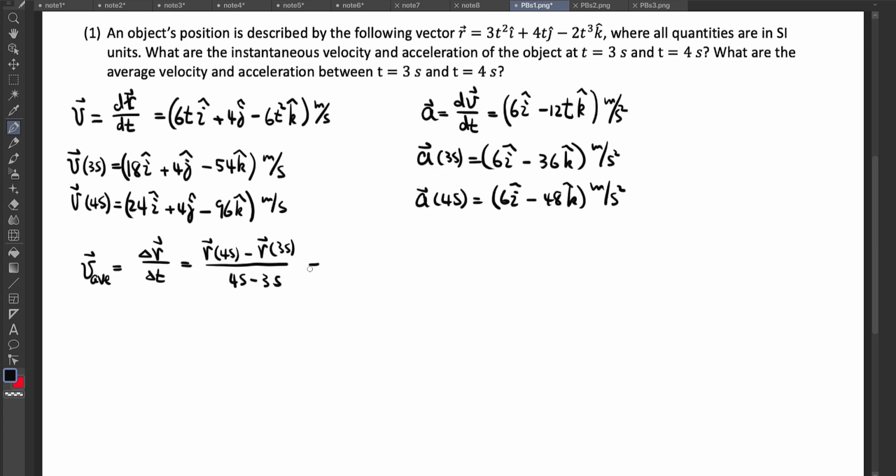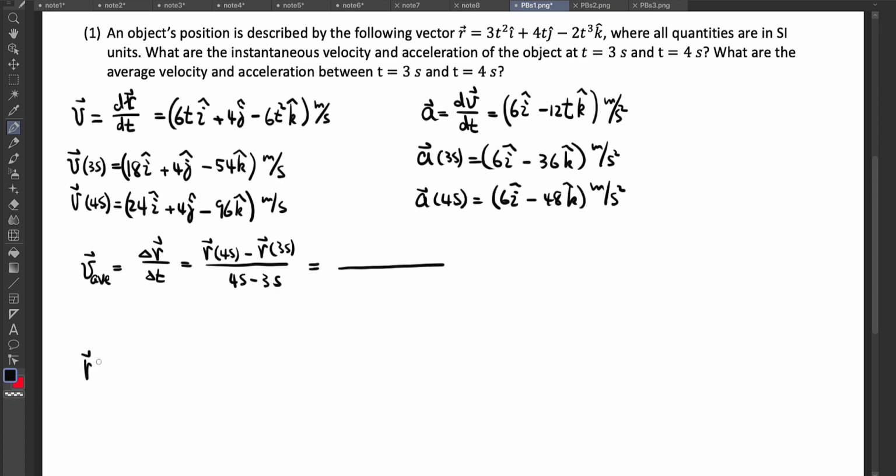Now, in order to plug in numbers here, I actually need to calculate r at 4 seconds and 3 seconds. So let me start a new calculation here.